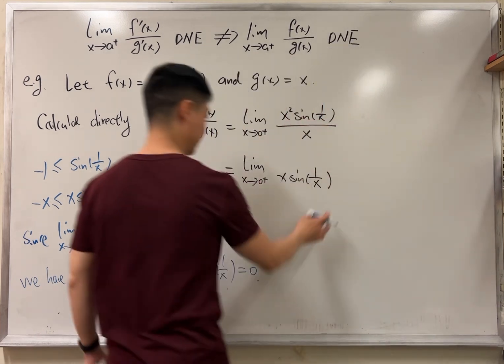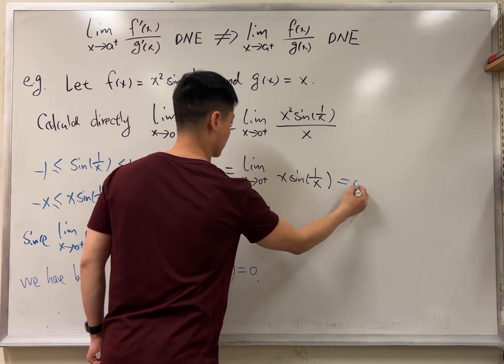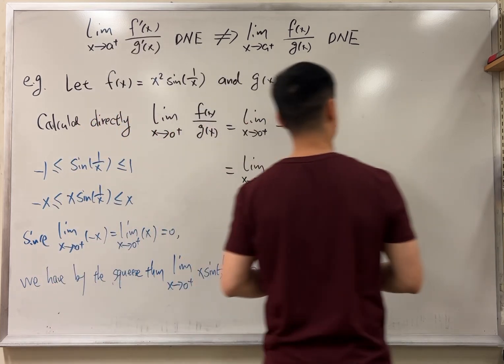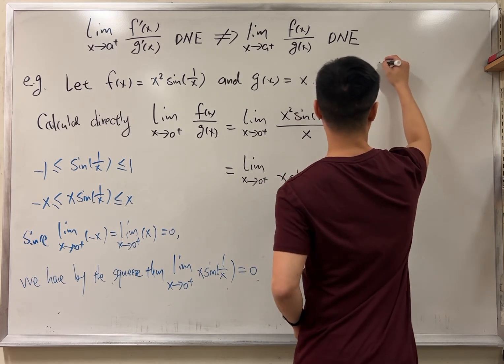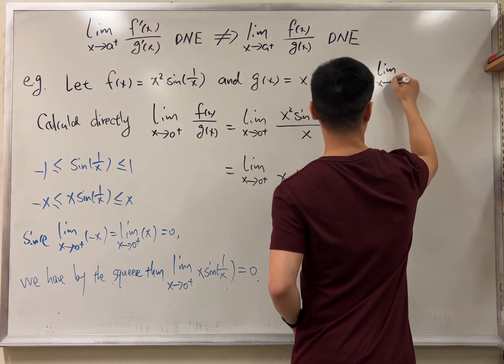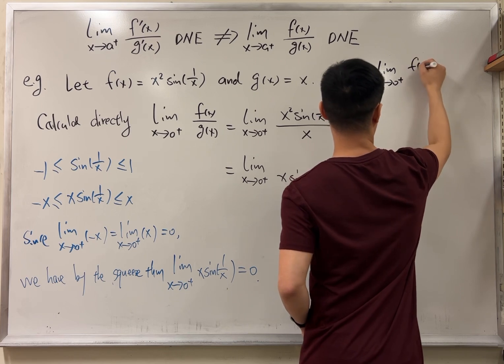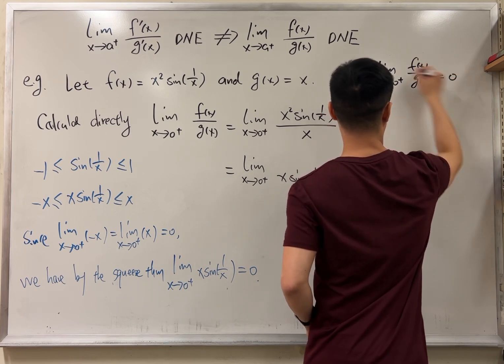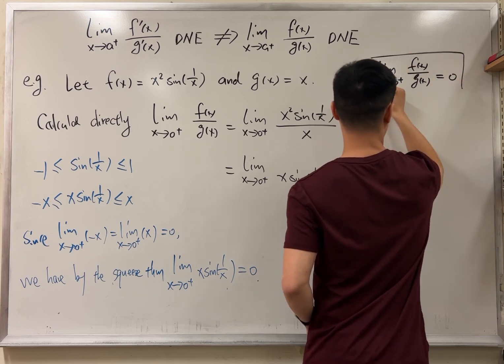So you know this one is 0. We're going to write it down there, and then we will compare it with the limit we find later using L'Hopital's rule. So this equals 0 by calculating directly.